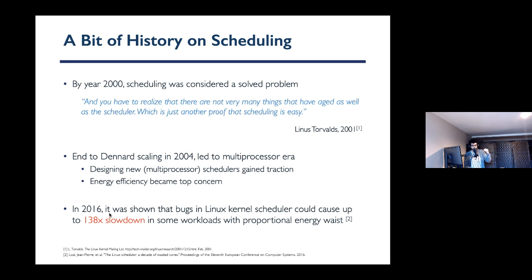Different types of deep learning cards are coming out every day. The same thing that happened in 2004 is happening now as well. Now people are thinking about how we can schedule our tasks efficiently on these new hardware devices being added to our systems.